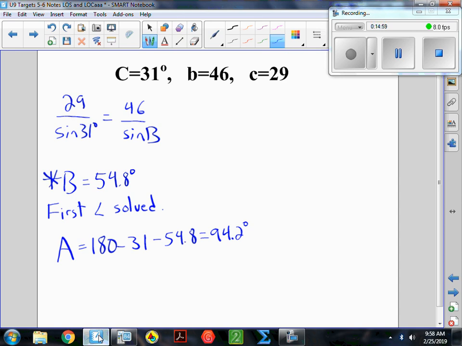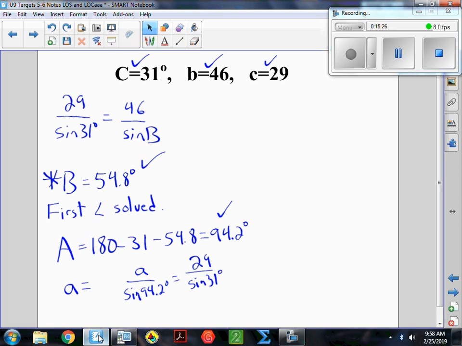And then I can set up the law of sines to find little a. I already have angle C, side B, side C. I have angle B, angle A. So if I set up the law of sines for little a, I would say a over sine 94.2 is equal to little c over sine 31.